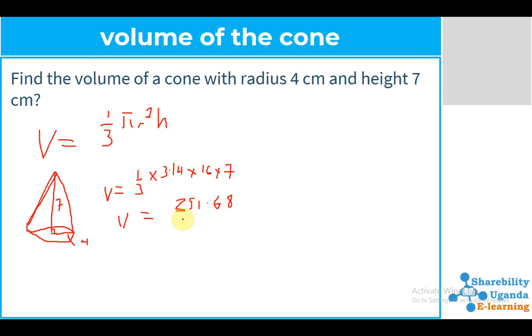This is 35 as our volume. So that is how we can find the volume of a cone.